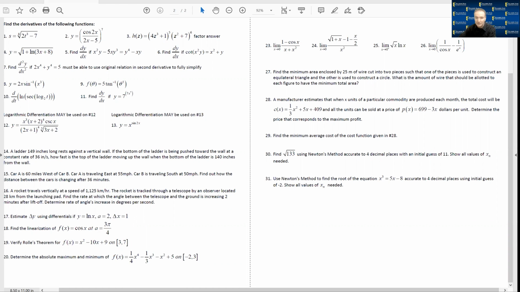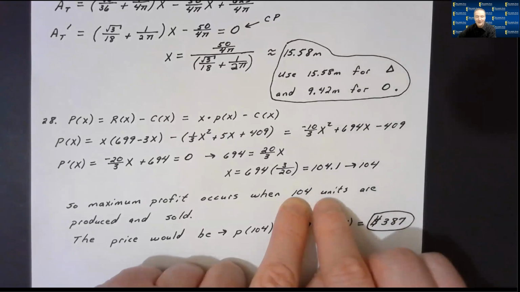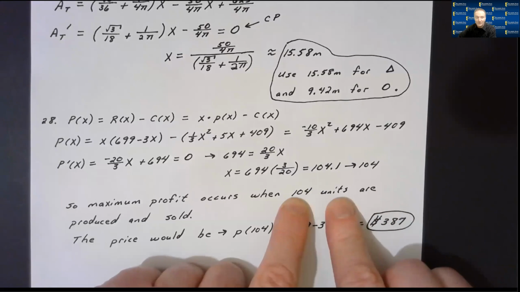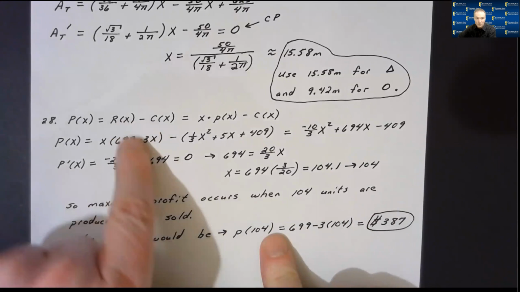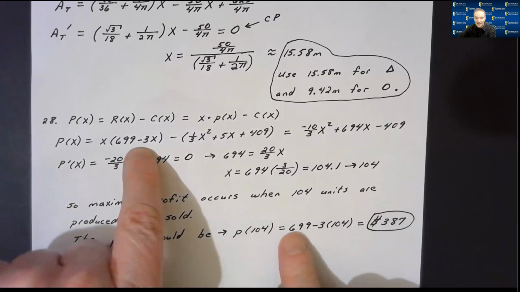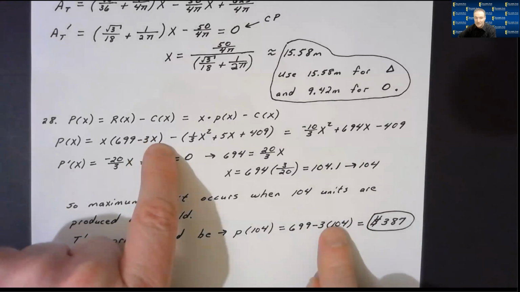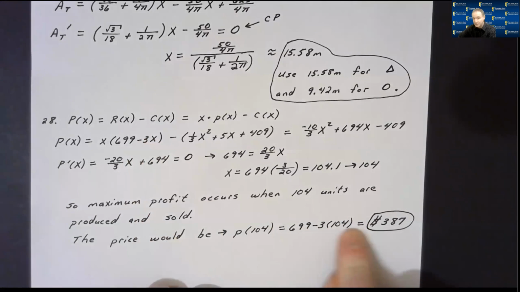So I'll go to my price function, which was 699 minus 3 times the x value of 104. It's telling you should charge $387 a piece in order for you to sell 104 units and make your maximum profit.